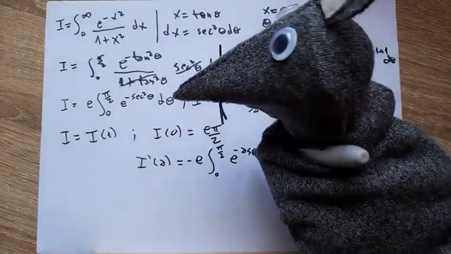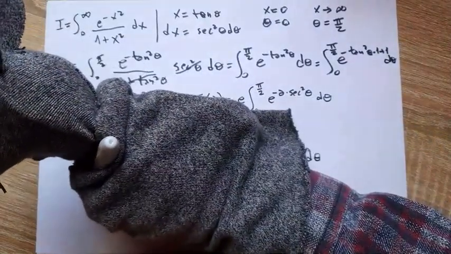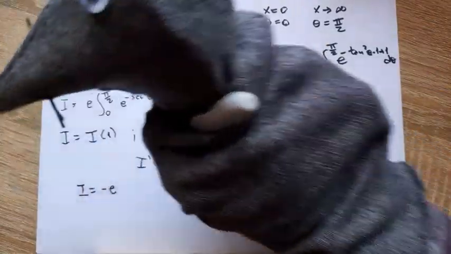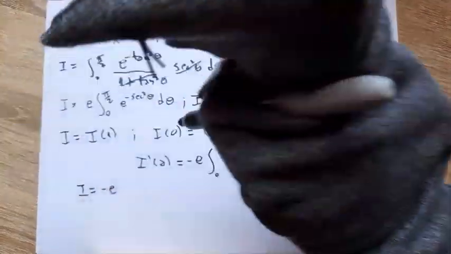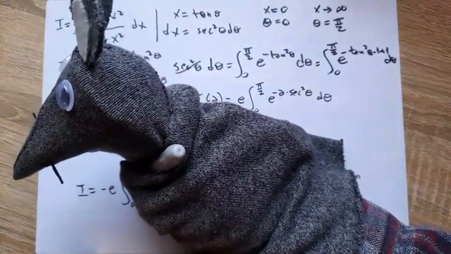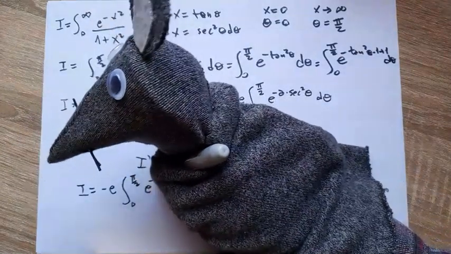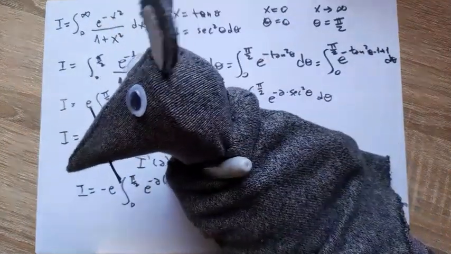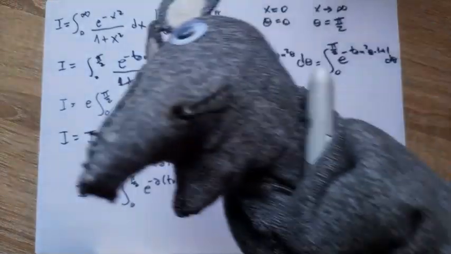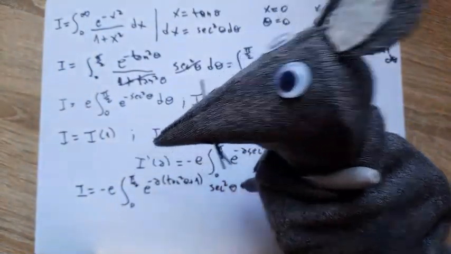Again, this secant squared of theta, we can rewrite as tangent squared of theta plus 1. So minus e, the integral from 0 to pi over 2 of e to the minus a tangent squared of theta plus 1, secant squared of theta d theta.